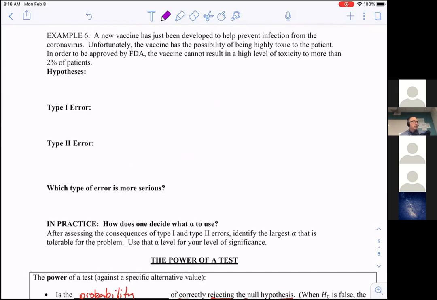So again, for our hypotheses, we're going to have a null hypothesis and an alternate hypothesis. The null hypothesis is always my statement of equality.